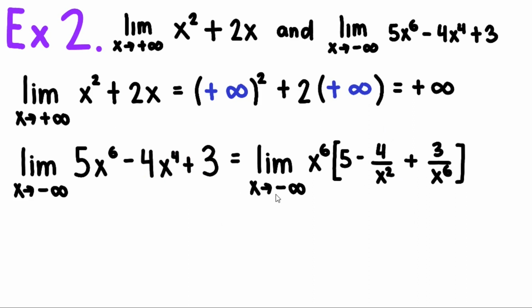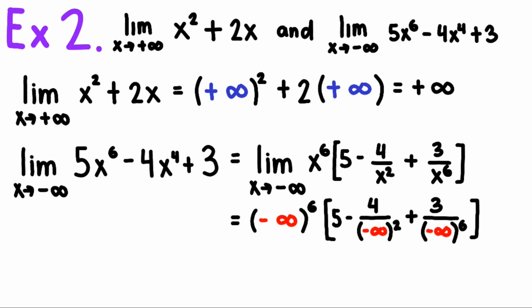So now, the question is, why did we do that? Well, observe that if we plug in negative infinity this time, we'll have negative infinity raised to 6, times 5 minus 4 over negative infinity squared plus 3 over negative infinity raised to 6. And the good thing about this is that if we have a constant over infinity, whether positive or negative, this just approaches 0.